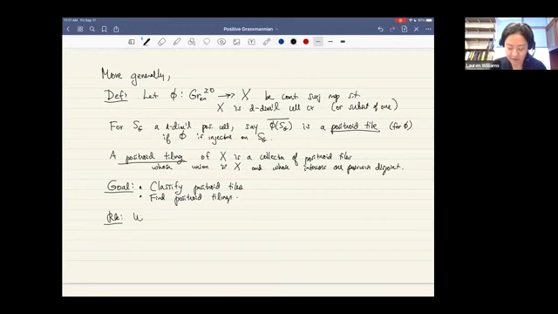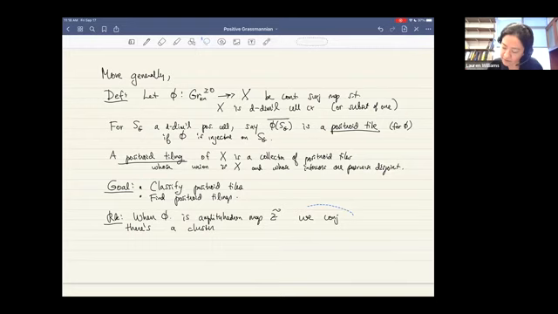And for this audience, I'll just mention that when our map phi is the amplituhedron map Z tilde, let me write Z tilde as this map from the positive Grassmannian into the related Grassmannian.